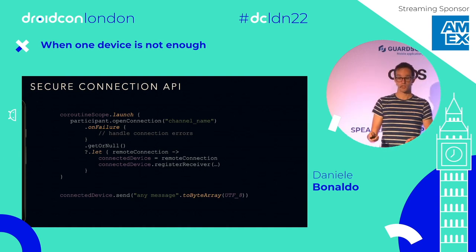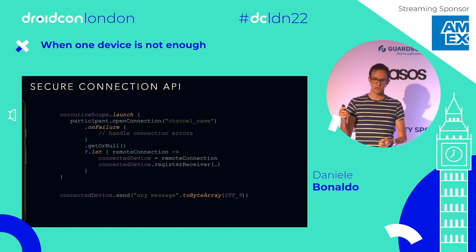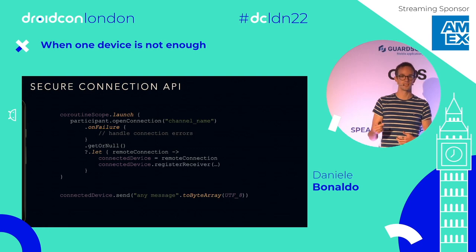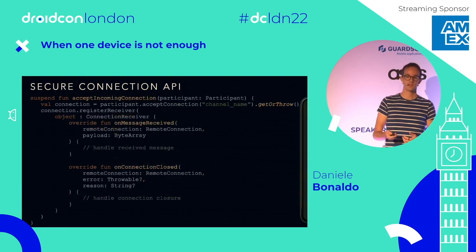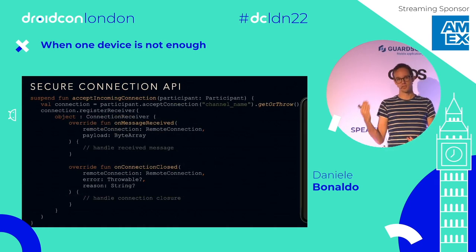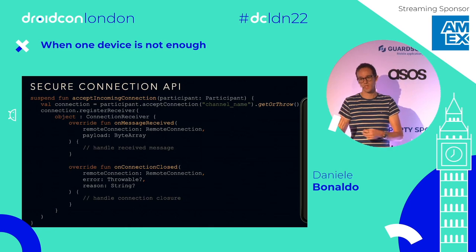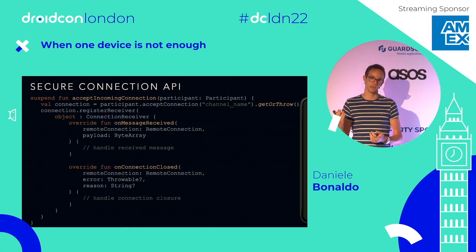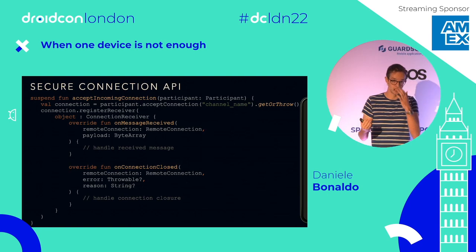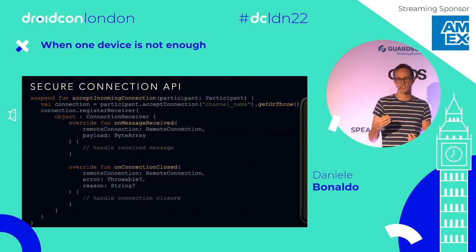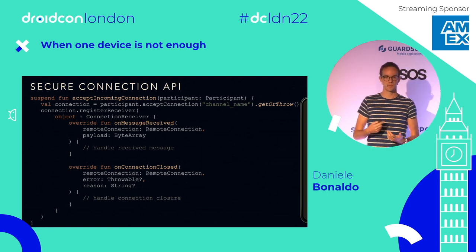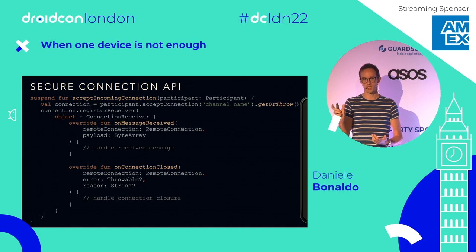And you are also going to register a receiver. We're not going to see it here because it's the same receiver that we are going to register in the other device. So once we have the participant from the intent of the originating session or the originating device, you basically accept the connection using the same name, and you can register this receiver.